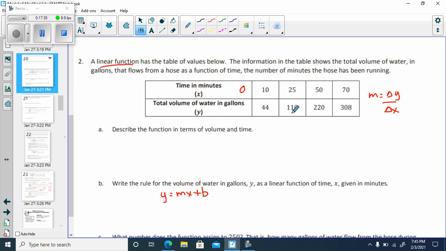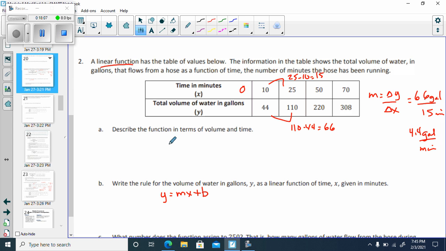Here's our y, 110 minus 44, which is 66. Let's find our change in x. 25 minus 10, which is 15. That's 66 gallons in 15 minutes. Okay. If I divide 66 by 15, that's 4.4 gallons per minute.